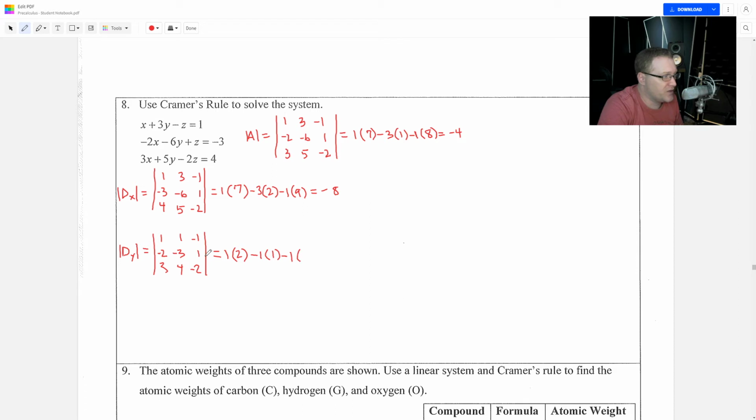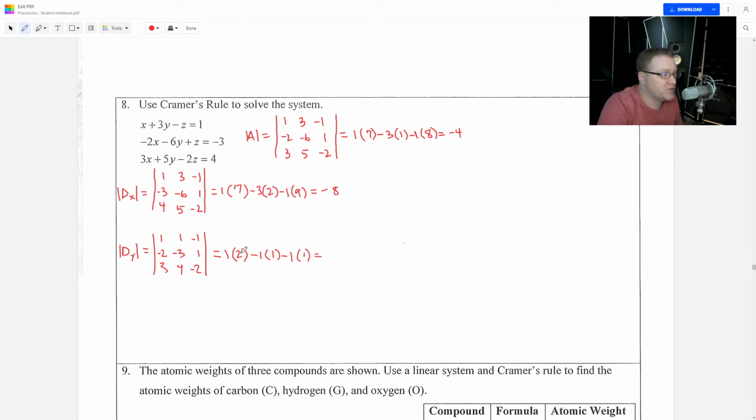And then we're going to do the determinant of this one right here, because we cross this out, we have this. So negative 2 times 4 is negative 8, and then negative 3 times 3 is negative 9. So negative 8 minus negative 9 is negative 8 plus 9, which is 1.